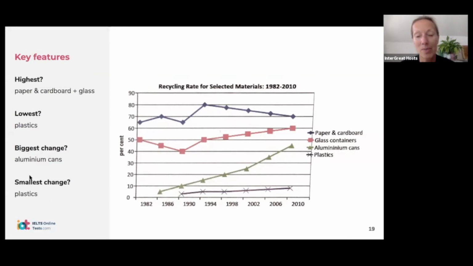All dynamic charts, you'll really be looking for these things, okay? So the biggest change is aluminium cans, as you can see, that goes up quite a lot. And the smallest change is plastics, which hardly goes up at all, right? So they're the main things you'll be talking about.